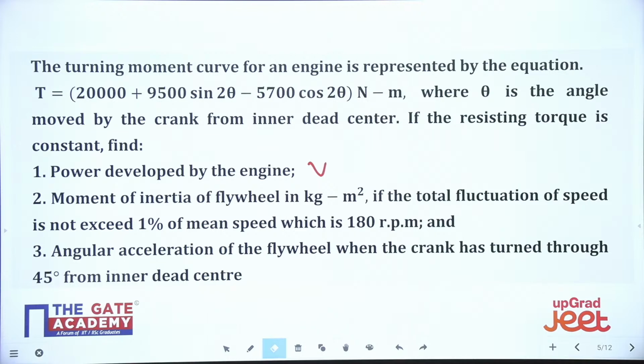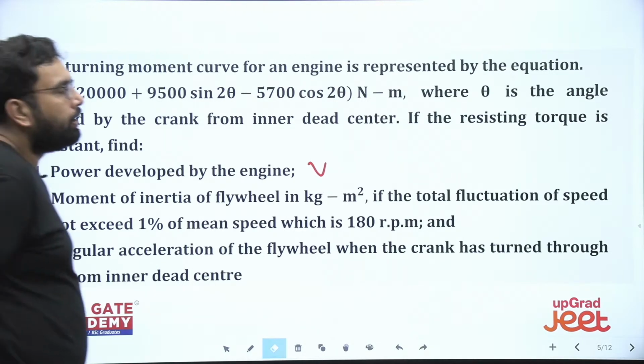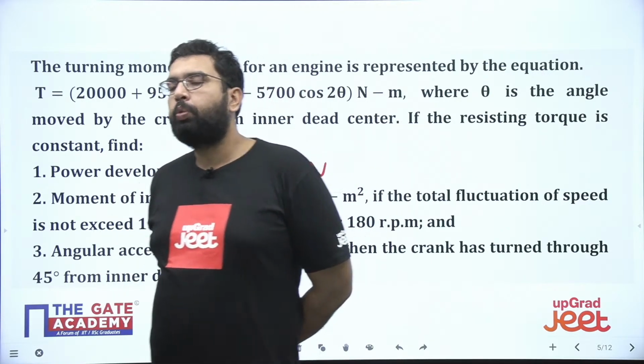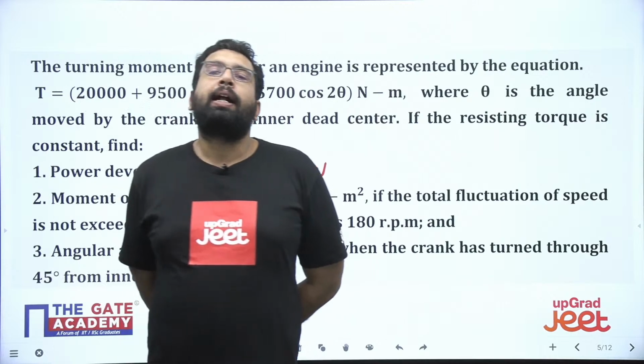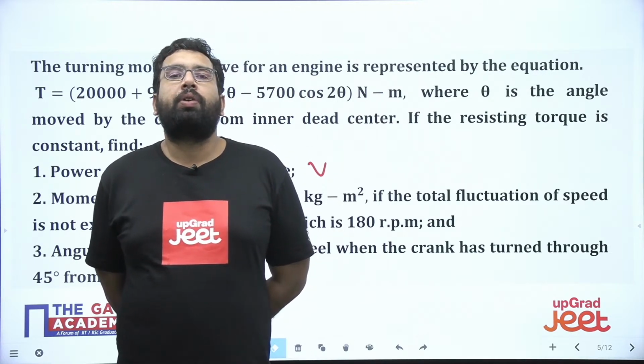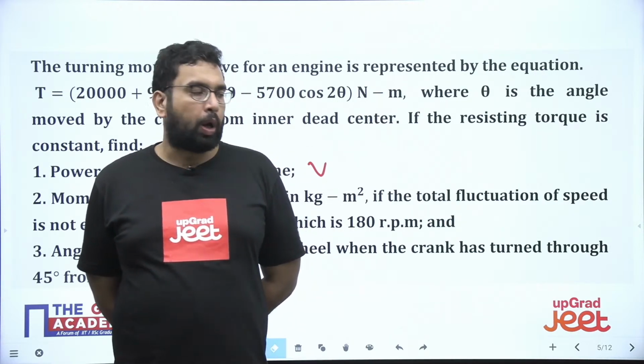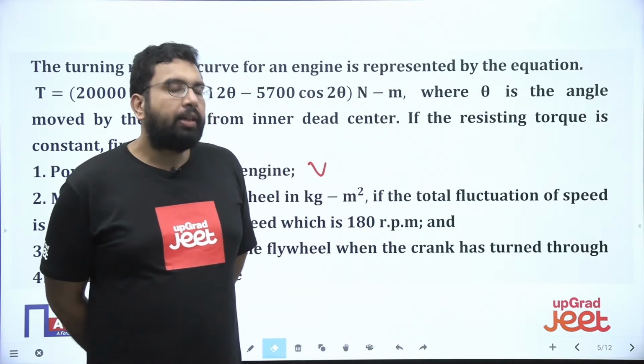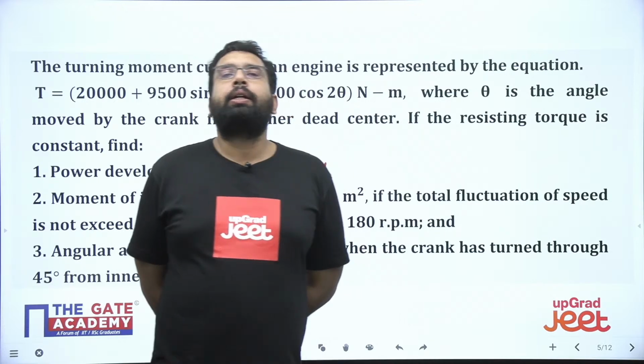You have to follow the same procedure. In the last session, we learned that the first step to find the delta E max is finding the work done in a cycle. How did we find the work done in a cycle in the last session? We found it by finding the area under the T theta diagram.